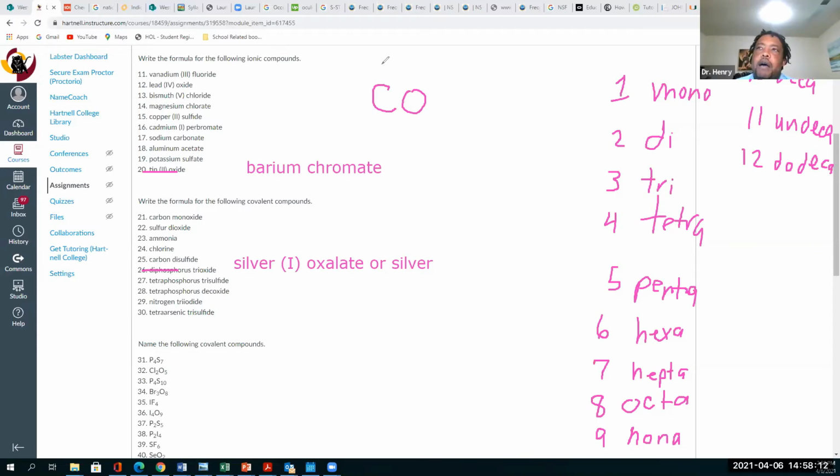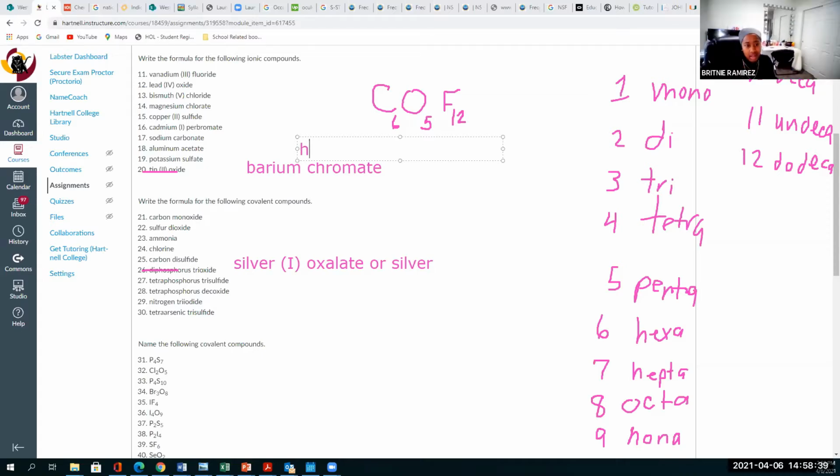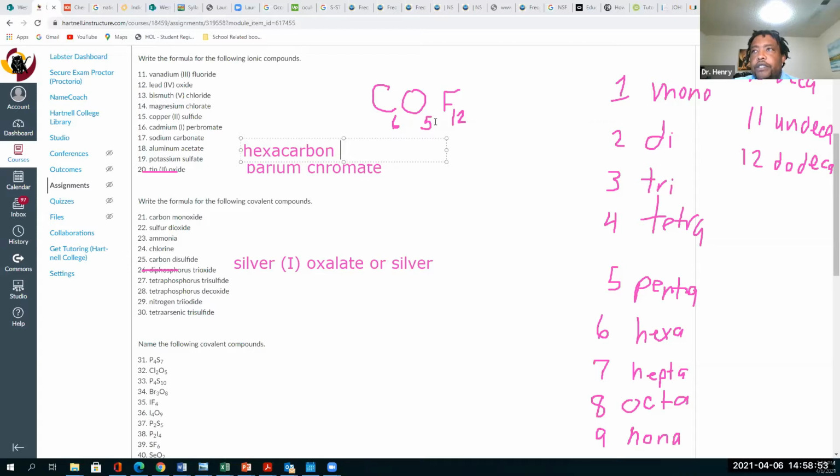Okay, now how do you use it? Let's say I had a compound like C6O5F12. This one would be called: you start with hexa, and then you give the element it is, so hexacarbon. And then how many oxygens do I have?